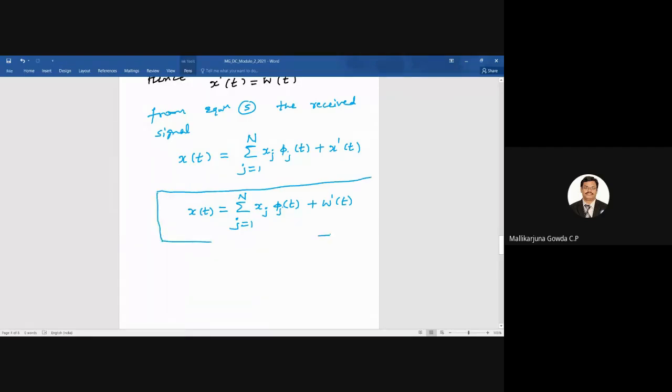We put this in a box. Let me call this equation 7.